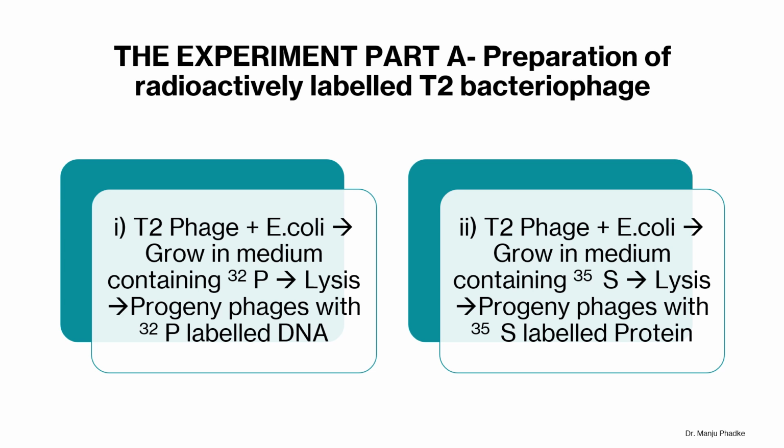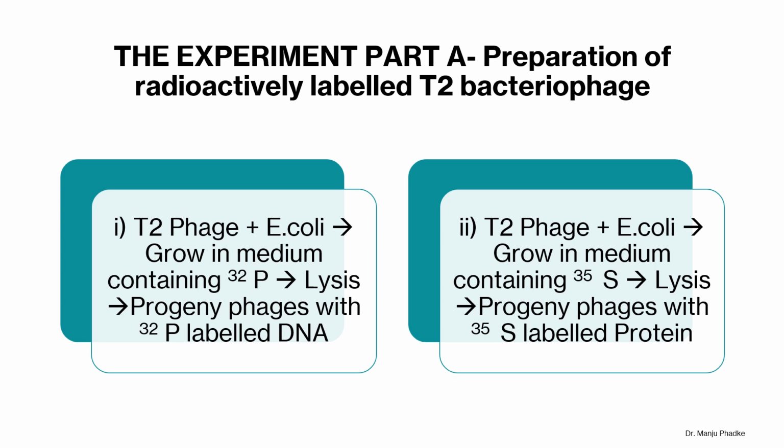In the second step of this experiment, the T2 phage was mixed with E. coli and it was grown in a medium that contained radiolabeled sulfur. Infection was allowed to proceed and the host cell lysed, and the progeny phages that were obtained all contained the proteins which had the radiolabeled sulfur in them.